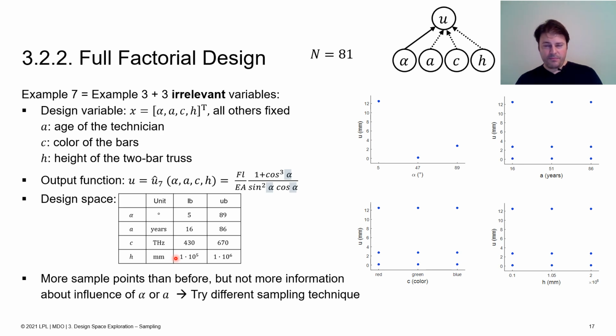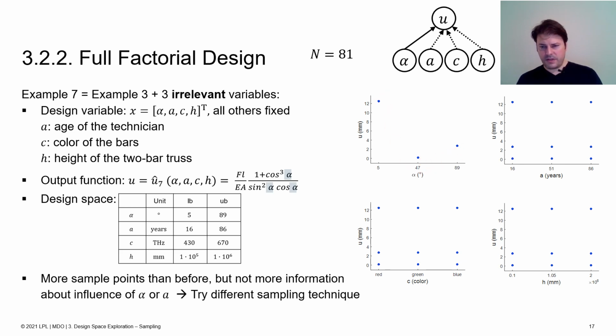So the good news is that using scatter plots, you get a very good idea whether or not a design variable is relevant. The bad news is that you pile up all these points on top of each other, and although you invested a lot of function evaluations, you only have little information here.